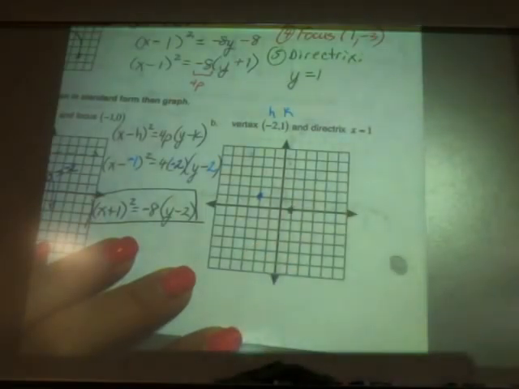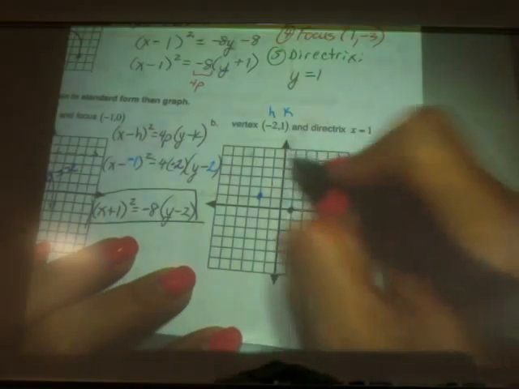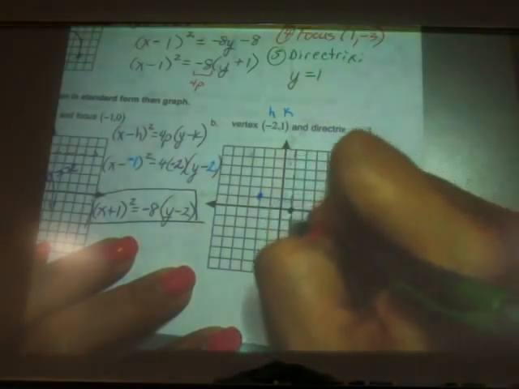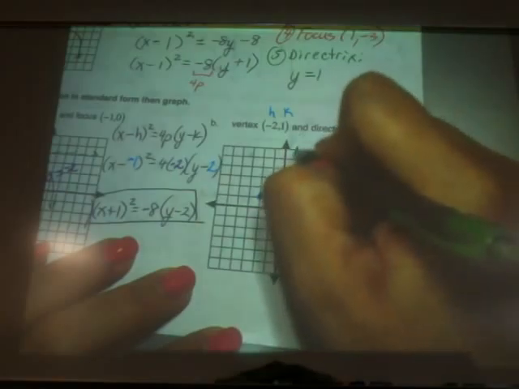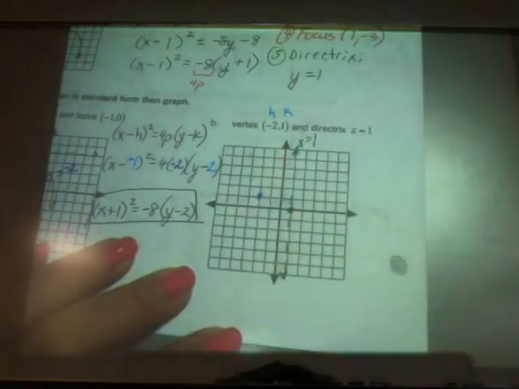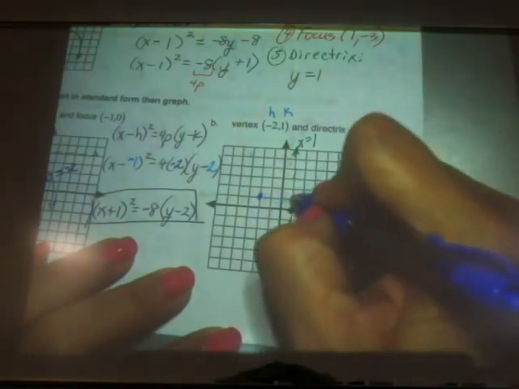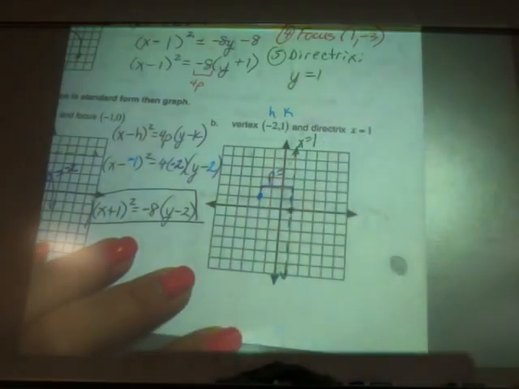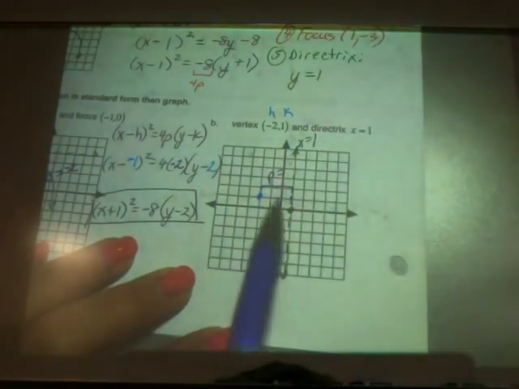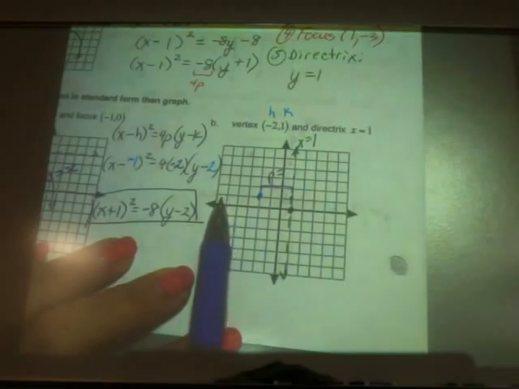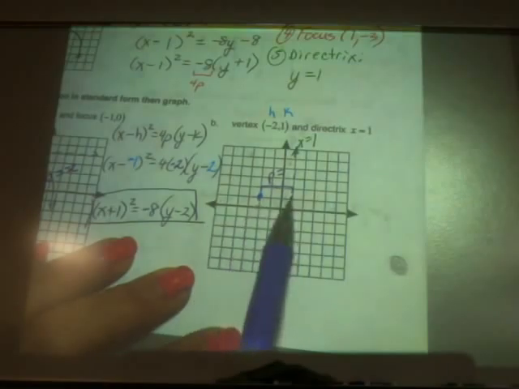How do you cut that axis into 2 pieces? With a vertical line or a horizontal line? It has to be vertical. So I know it goes this direction, and this is x equals 1. That means that the distance from here to here represents P, doesn't it? My focus would be on the other side over here, by the way, because the vertex is always in the middle of the directrix and the focus.